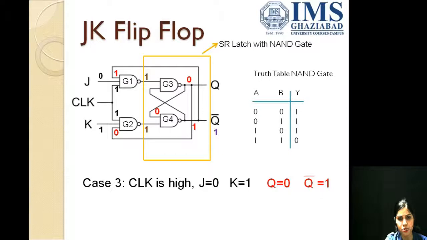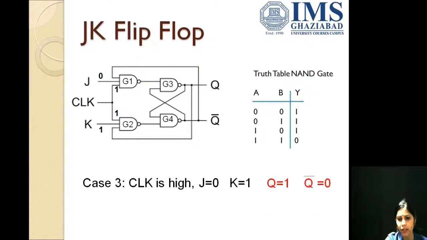So current Q bar would be 1. This one would be going as an input to G3 gate. Now G3 NAND gate has two inputs 1 and 1, thus the output becomes 0. So we would be having the current outputs as Q equals 0 and Q bar equals 1.